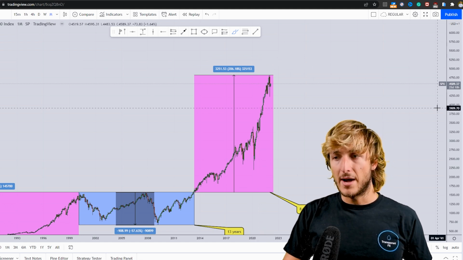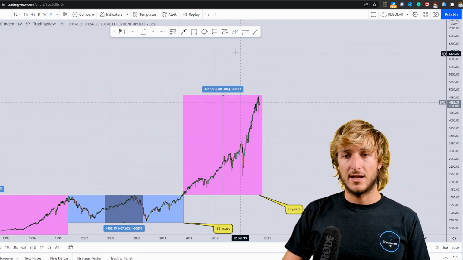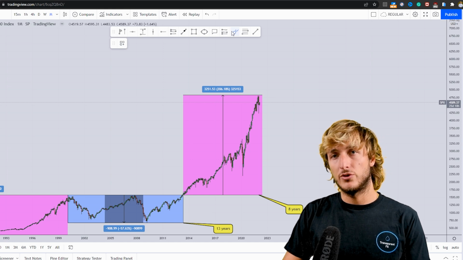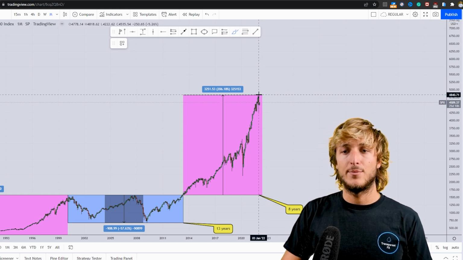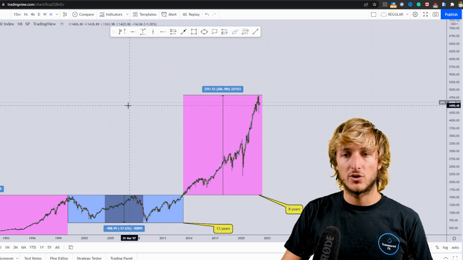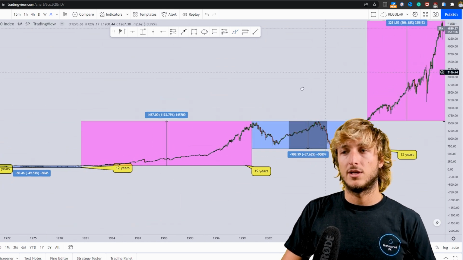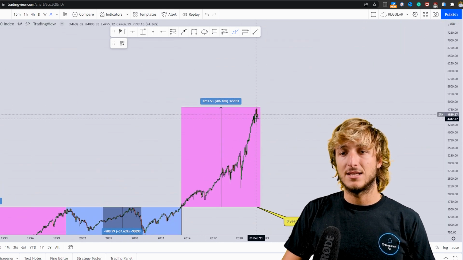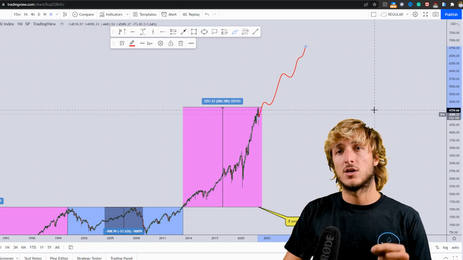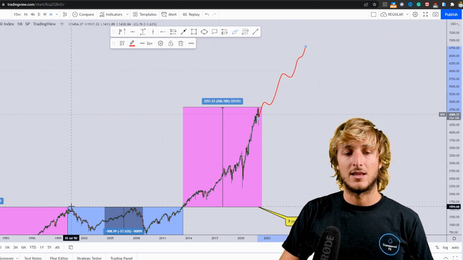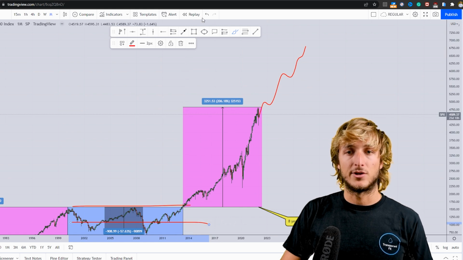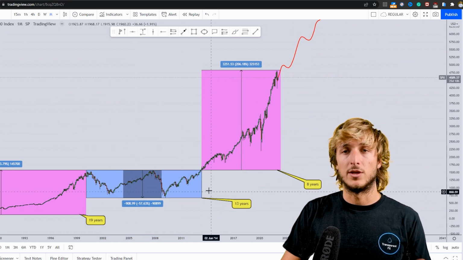So in my opinion, I believe that we still have at least 2-3 years inside of this bull run. I believe this is just one of those small corrections which are normal inside of a bull market, and I still expect the next few years to be pretty bullish before we then enter inside another of these ranging periods.